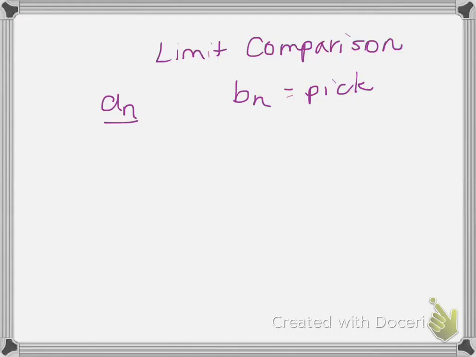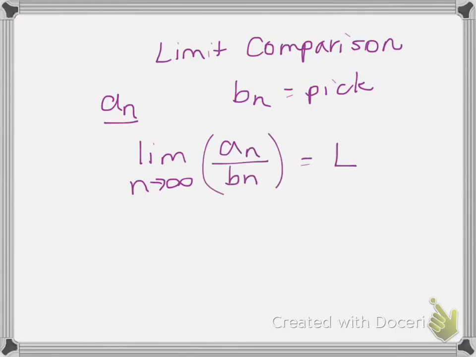So what it says is that if you find the limit as n approaches infinity of the one given over the one you pick, if you get a limit, meaning you get a number, then the two series behave the same way.